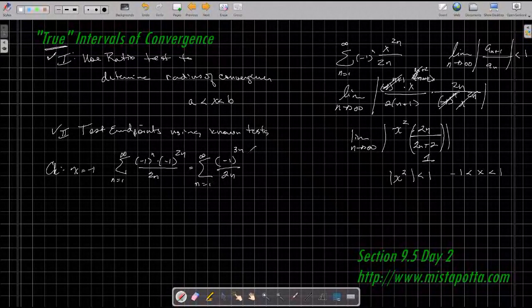And this is alternating. Because for n equals 1, this will be odd. For n equals 2, this will be even. And 2n is going to be positive.